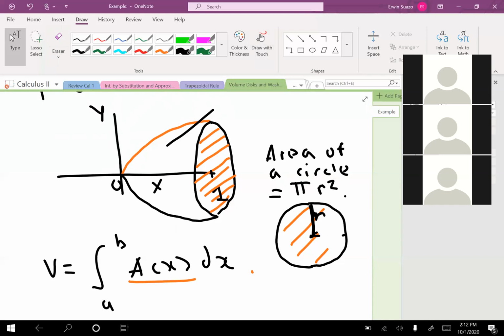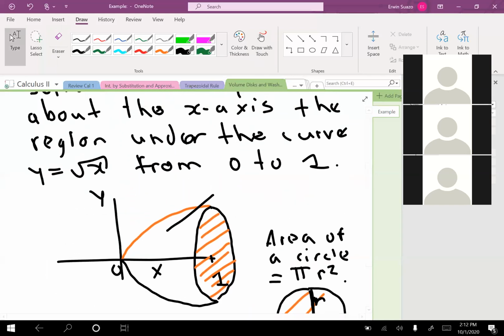But we have some extra information. We have that this curve is y equals square root of x. So this is y, the height. And this is the height when I cut it at the point x, okay?